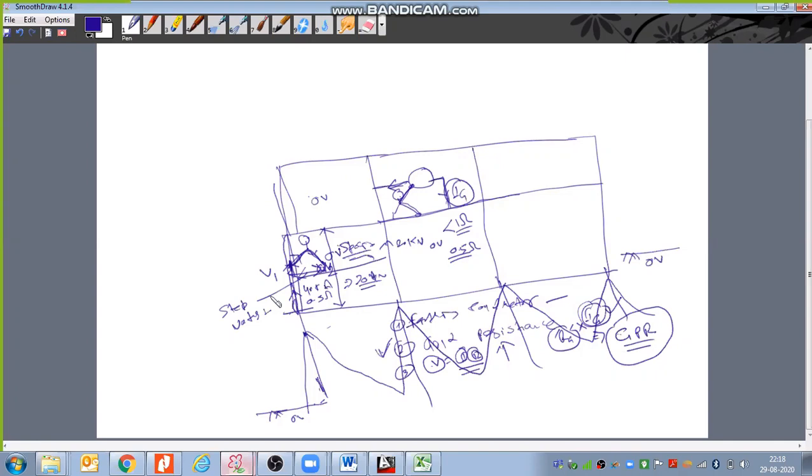So what I will do now is calculate how much step potential a person can tolerate without death, how much potential a person can withstand, and when the fault is occurring, how much step potential is developing, because we cannot stop this step potential.